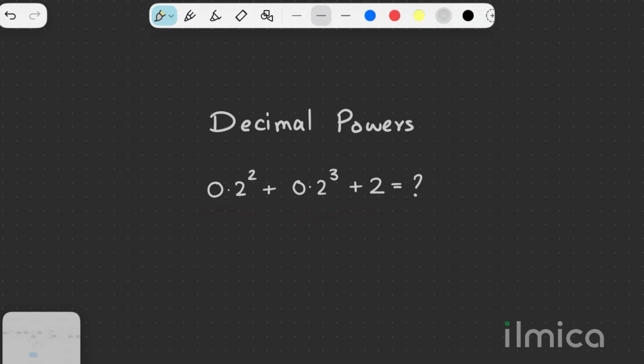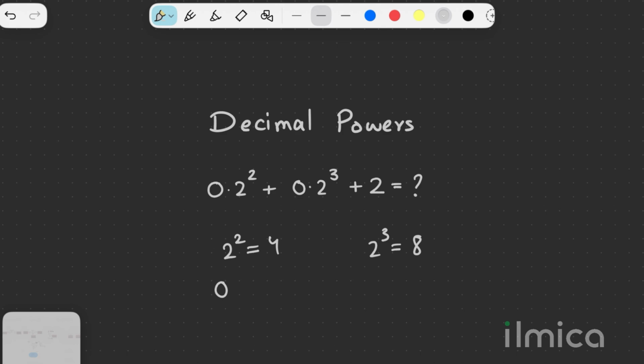You do know that the square of 2 is simply 4. You do also know that the cube of 2 is 8. But is 0.2 square going to be 0.4? Well, actually no. Every time you have to square a decimal, always remember that you have to add zeros to that number before writing down the square of it.